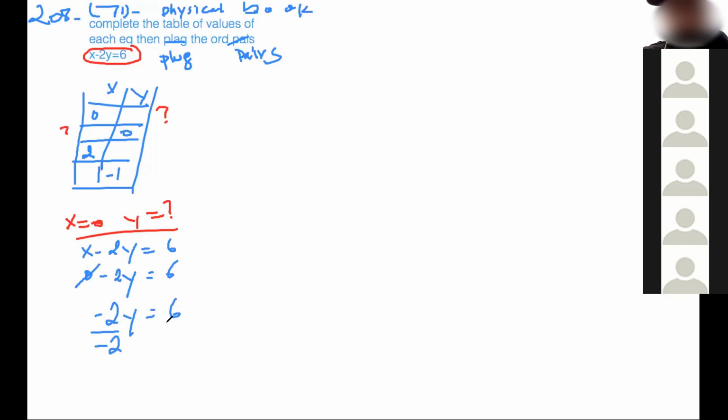So you have 2 times y, divide here, so these cancel. Y will be -3. So the value is negative 3. Then we're going to do the same thing. We're missing y, missing x. So the first ordered pair is complete.